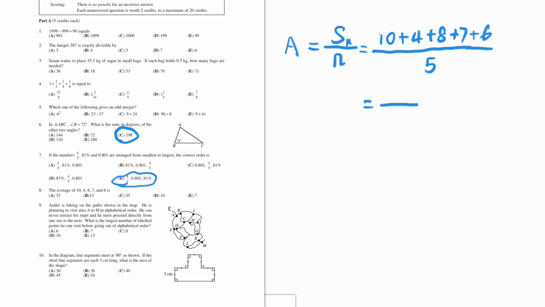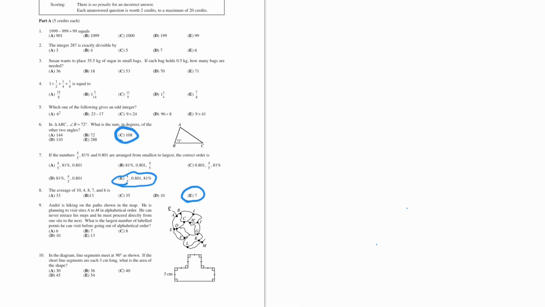The numerator is 35, the denominator is 5. Cancel 5, and the average is 7. The answer is E.